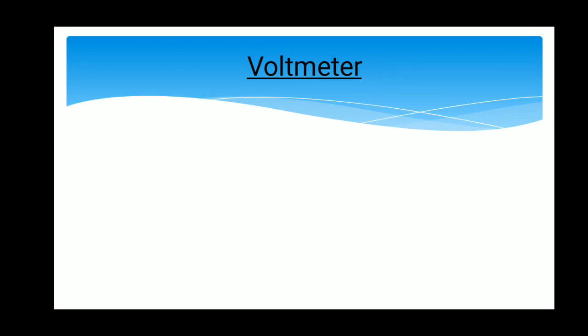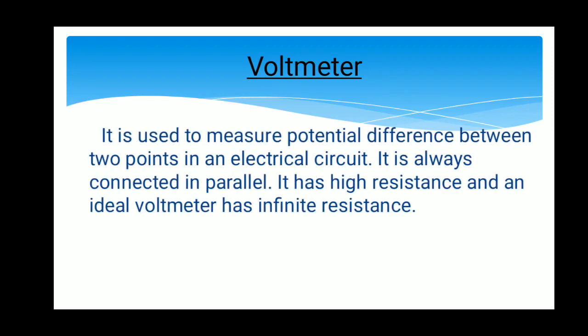Voltmeter. It is used to measure potential difference between 2 points in an electrical circuit. It is always connected in parallel. It has high resistance and an ideal voltmeter has infinite resistance.